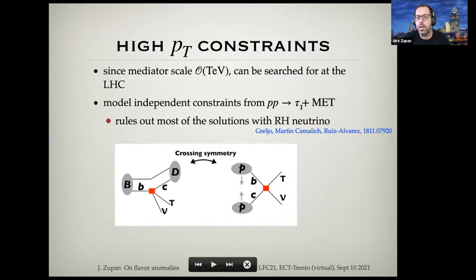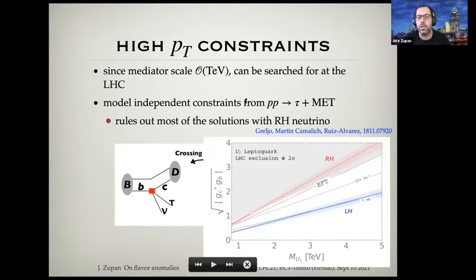So the search for the pT dependence of the taus in a tau plus missing ET final state at the LHC has really severely constrained many of these models. For instance, these solutions with right-handed neutrinos are ruled out, more or less.